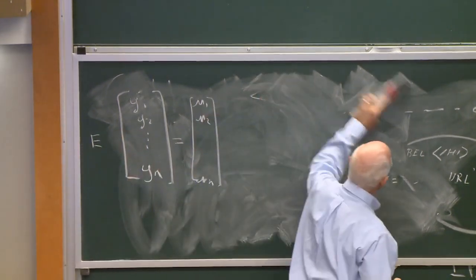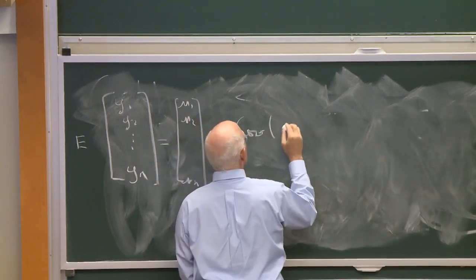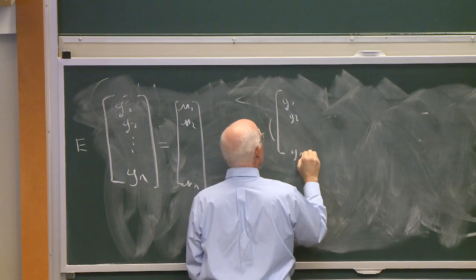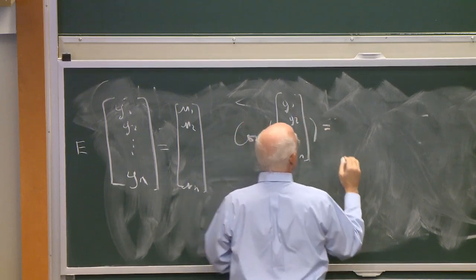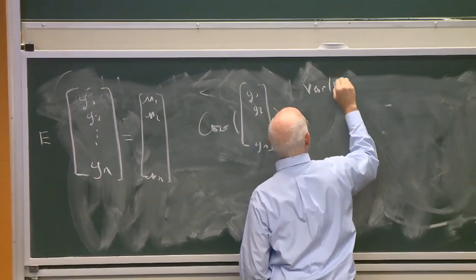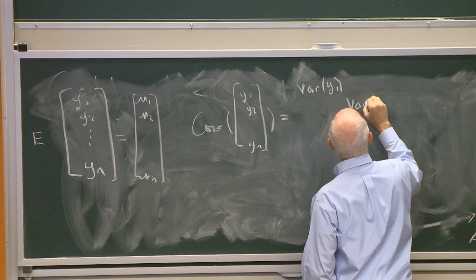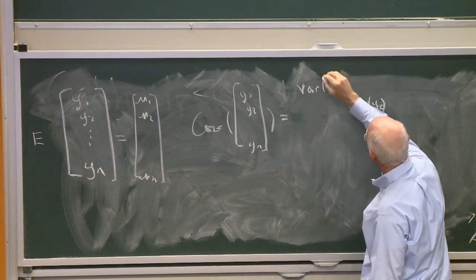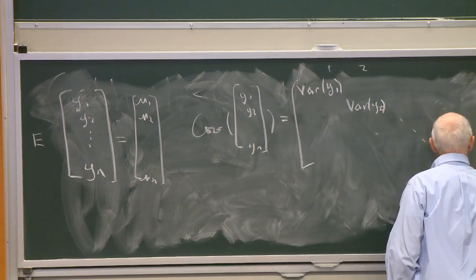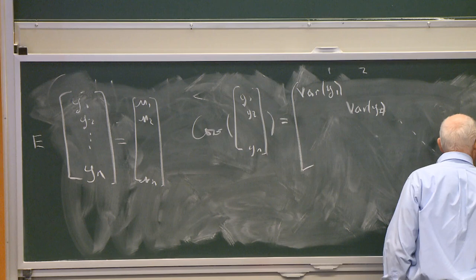And the covariance matrix of y1, y2 down to yn is equal to a matrix with the variance of y1 in the upper 1,1 element, then the variance of y2 in the 2,2 element, and the variance of yn in the nth column and nth row.